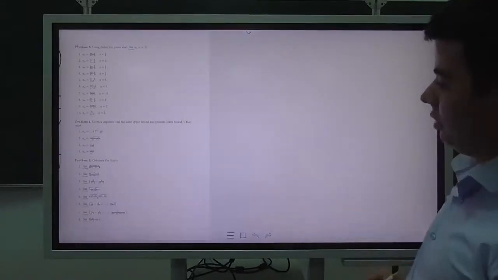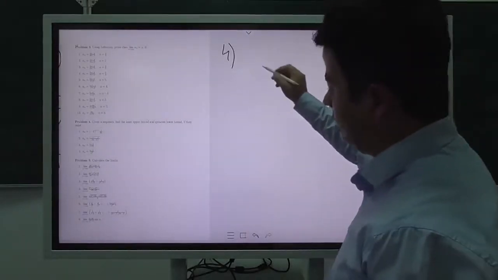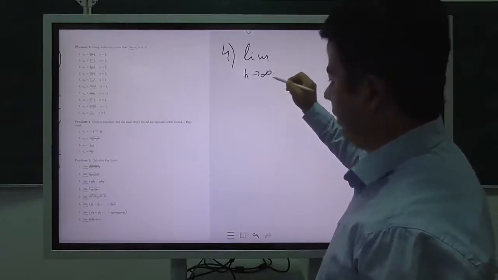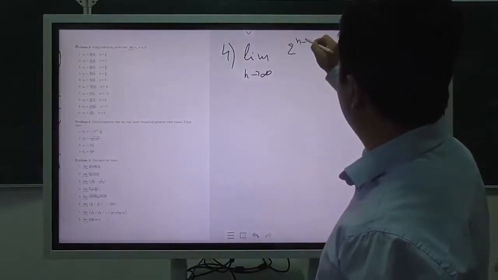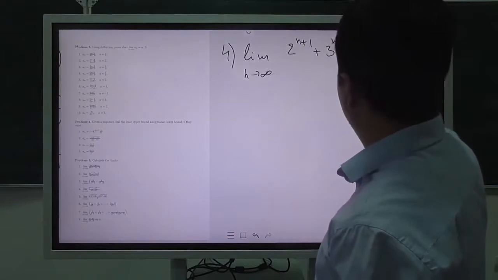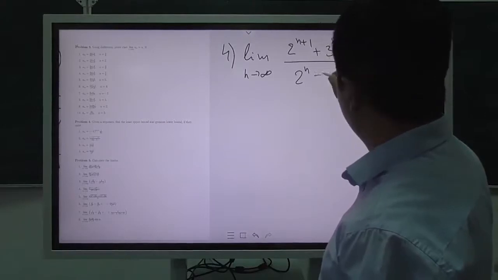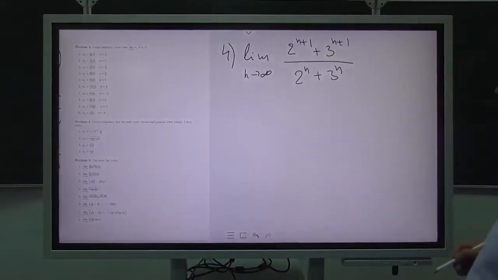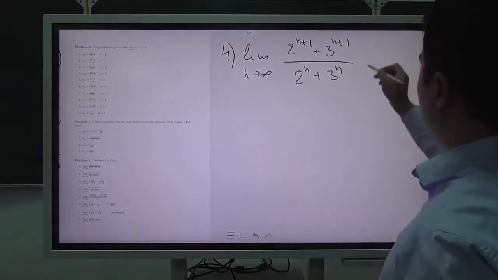Okay, so the next example is number 4. Limit as n tends to infinity of 2 to the power of n plus 1 plus 3 to the power of n plus 1 over 2 to the power of n plus 3 to the power of n. Okay, now how to find it here.